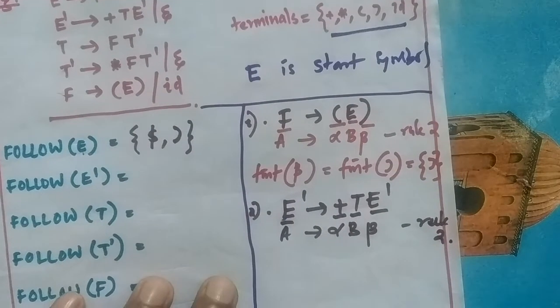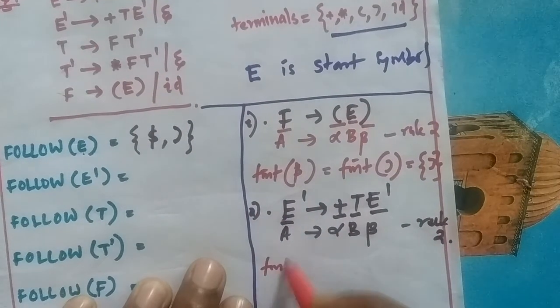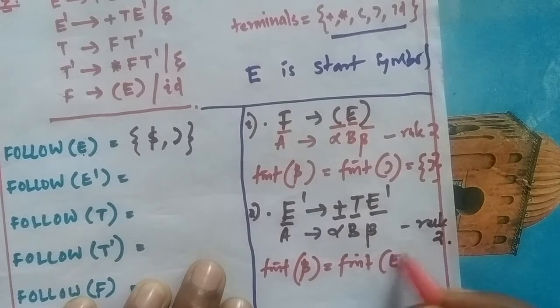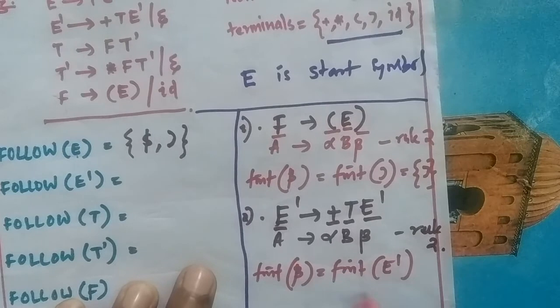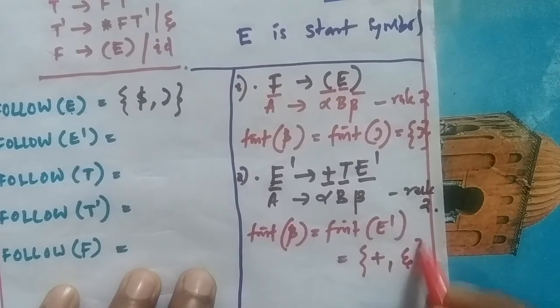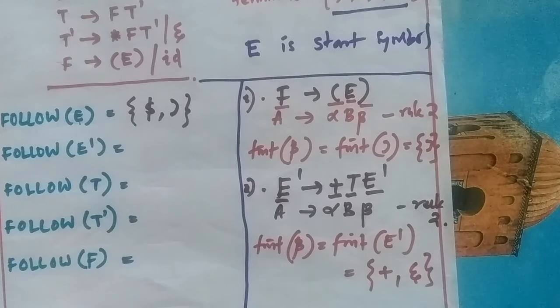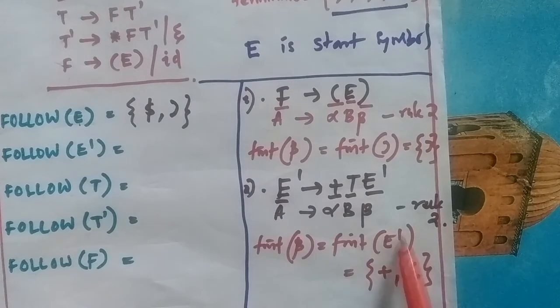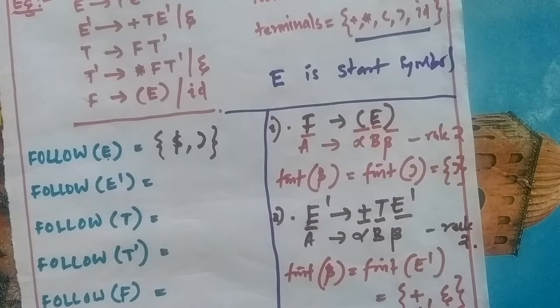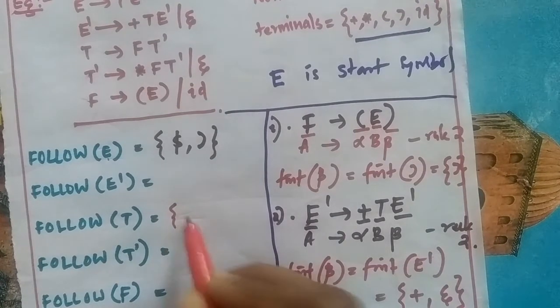Rule 2 tells us first of beta, which is first of E dash. First of E dash is nothing but plus and epsilon. So rule 2 says everything in first of E dash except epsilon is in follow of T. So follow of T contains plus, so here you can write plus.